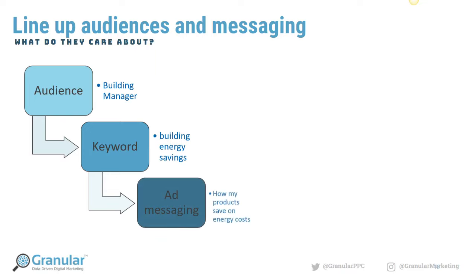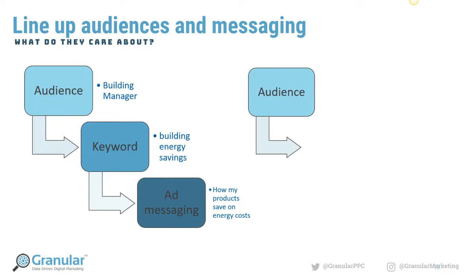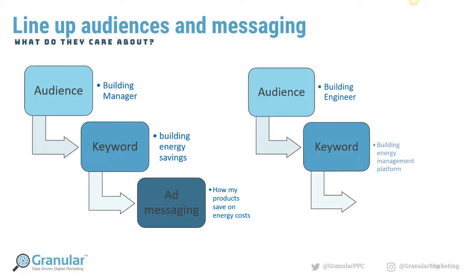So my ad messaging might focus on how my products save on energy costs, as opposed to something else. Over here, the other audience might be a building engineer. This might be another person involved in the purchase process, and they might search for a keyword like building energy management platform. They already know how they might save money.